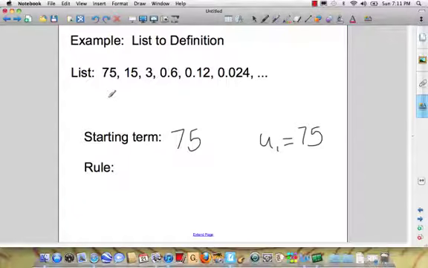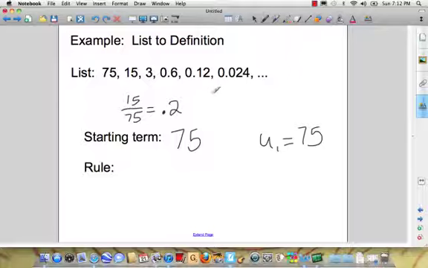So in order to check that, we would just try 15 divided by 75. If you do that, and you can check me, you'll get 0.2. Well, that's not enough to be sure that it's geometric. That was the second term divided by the first term, which essentially means if you take 75 and you multiply it by 0.2, you'll get 15.